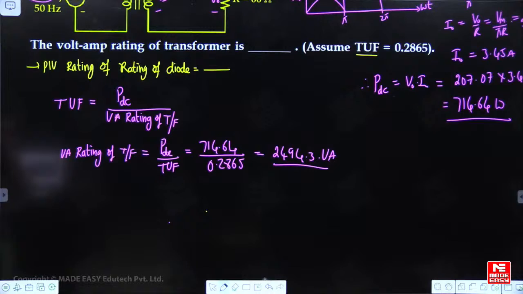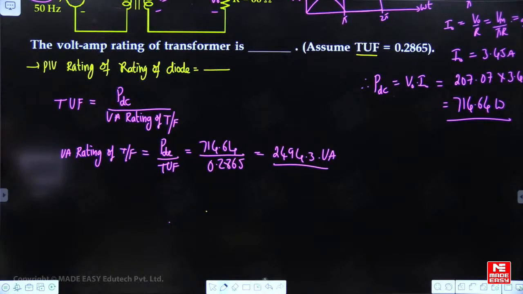It is given in the Bimra textbook: transformer utilization factor for single phase half wave rectifier with resistive load, single phase full wave rectifier, 3 pulse converter, 6 pulse converter. You have to remember the transformer utilization factor, because sometimes it may not be given.